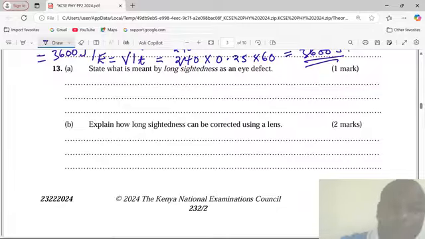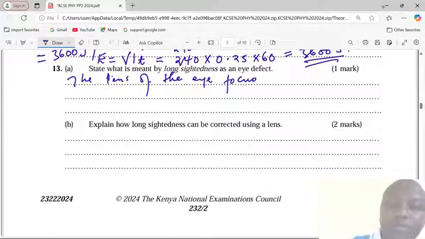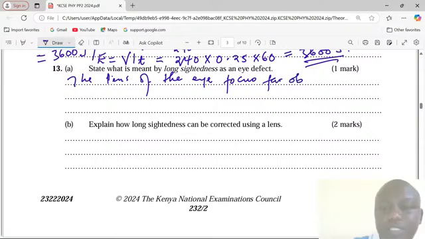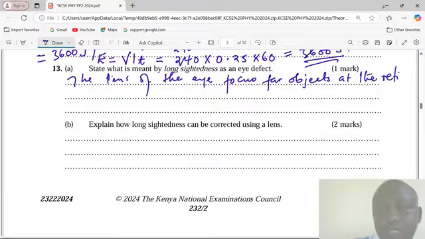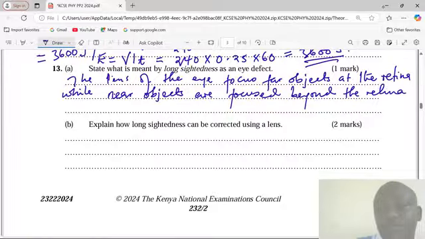So long-sightedness is whereby the lens of the eye focuses far objects at the retina, while near objects are focused beyond the retina.